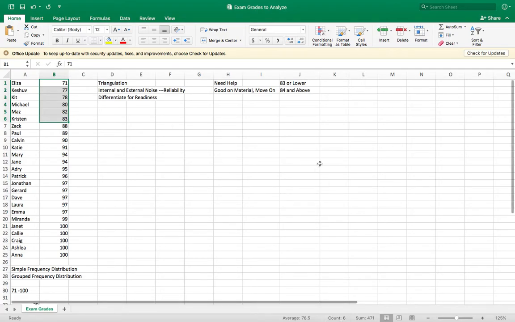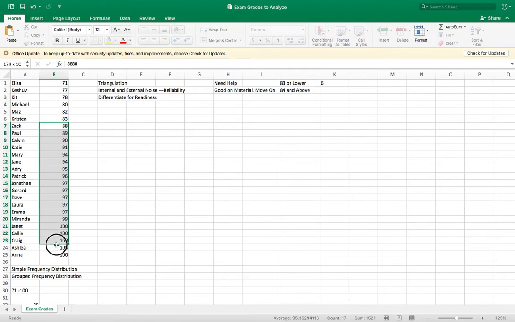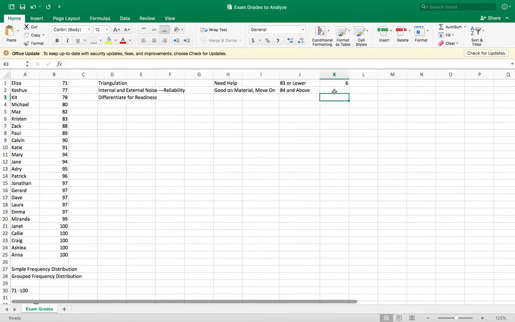Count is 6. So 6 of my students were 83 or lower. And then I can go from Zach down to Anna. My count down here, 19 of my students were 84 and above, right?